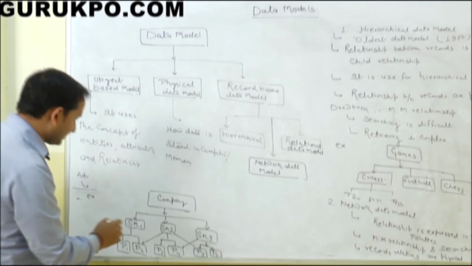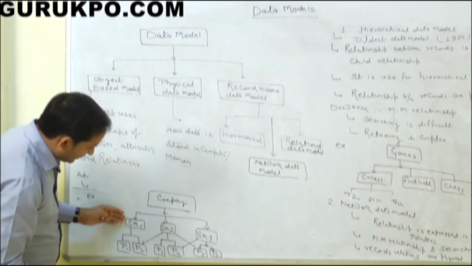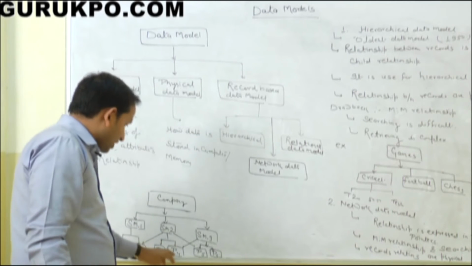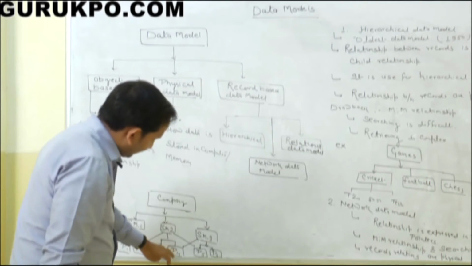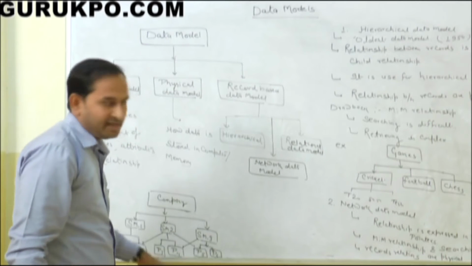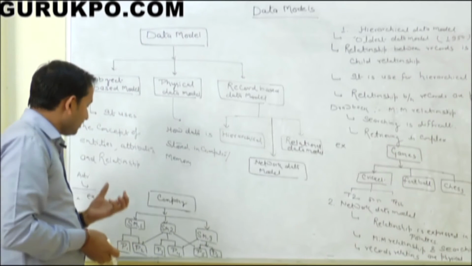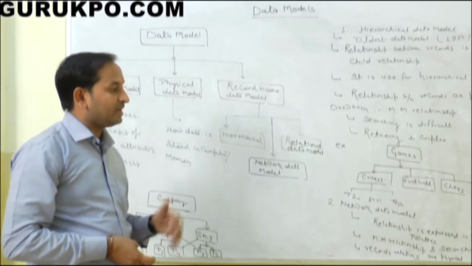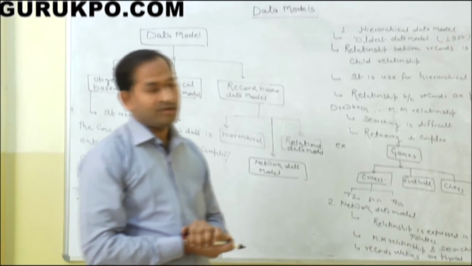There are multiple links: product 1 is sold by salesman 1 and salesman 2 also. Similarly, product 4 is marketed by salesman 2 and salesman 3 as well. So this is the main key feature of the network data model. It is generally used when there are multiple links or many-to-many relationship exist.